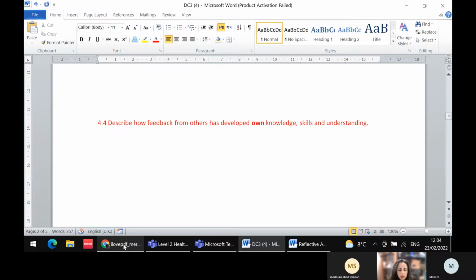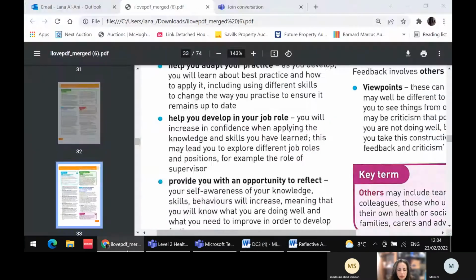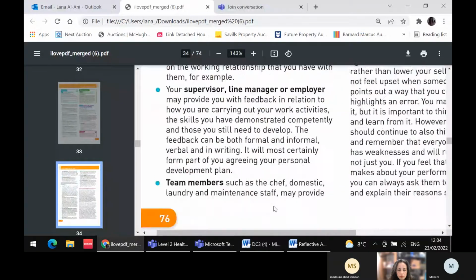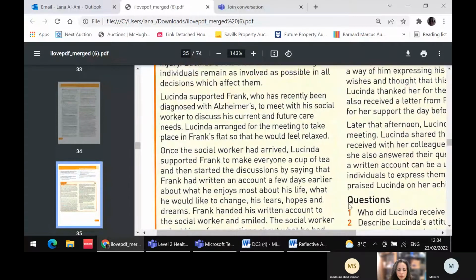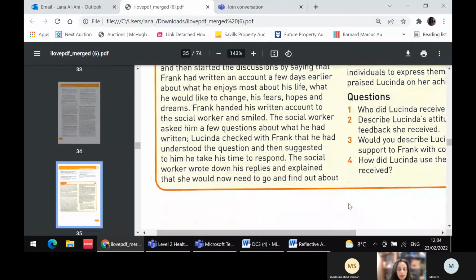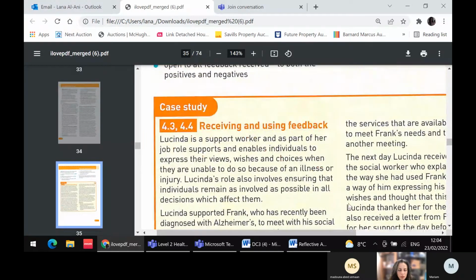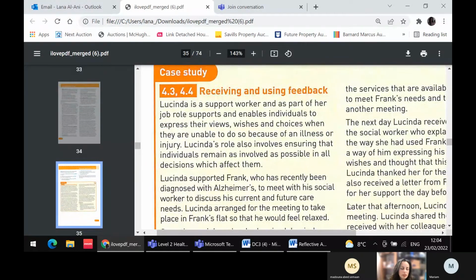So which question is that? 4.1. Let's see what the book has for 4.4. So as you can see, they give you an example. You can write something similar, but it's all about yourself.